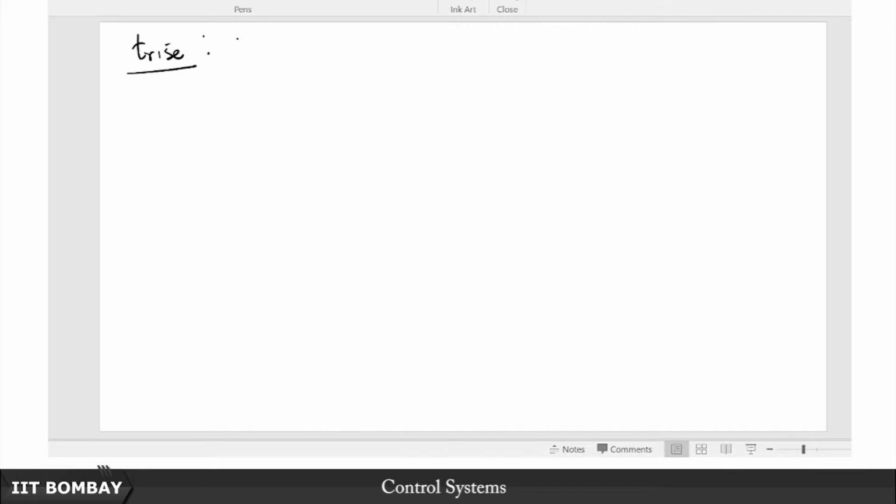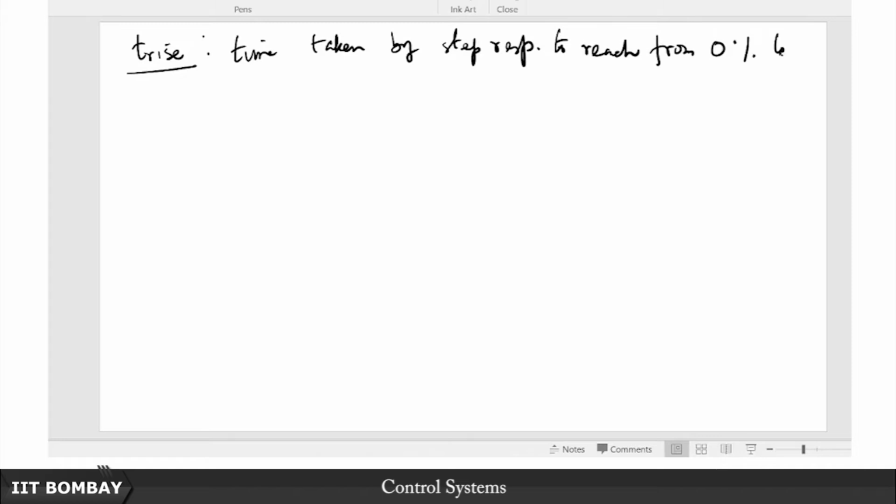So that is one: the time taken by the step response to reach from 0% to 100% of the steady state value.